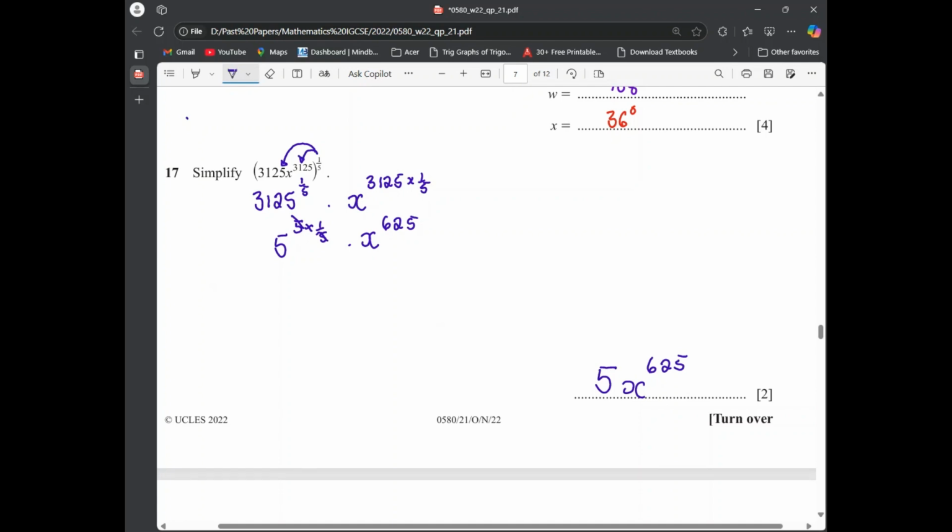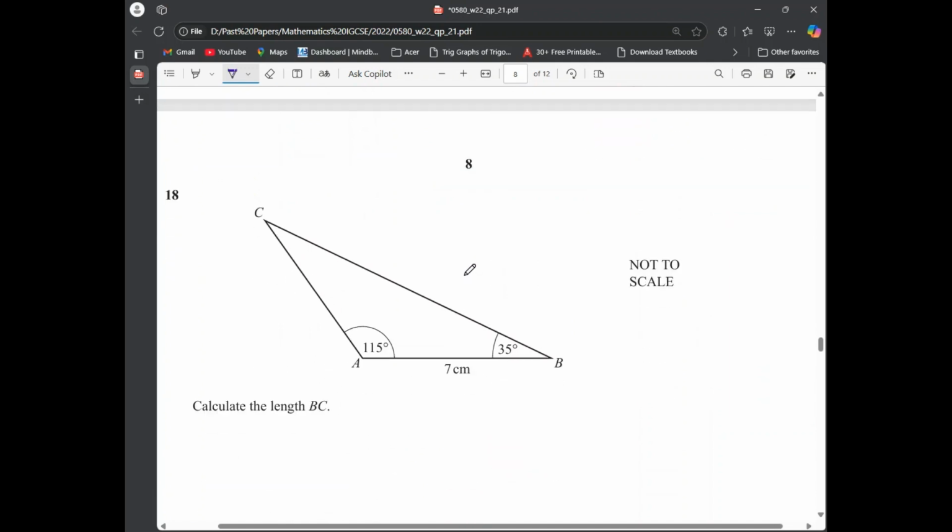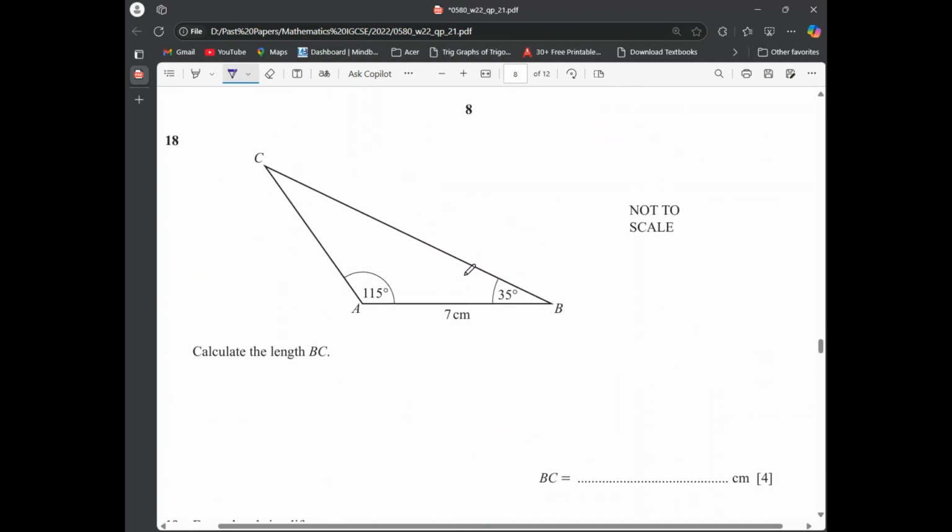Next question. Question 18. Calculate the length of BC. Okay, so we have an angle. We want to find the length opposite that angle. We have this angle. We have that length there, right? So we've got this angle here. Right.